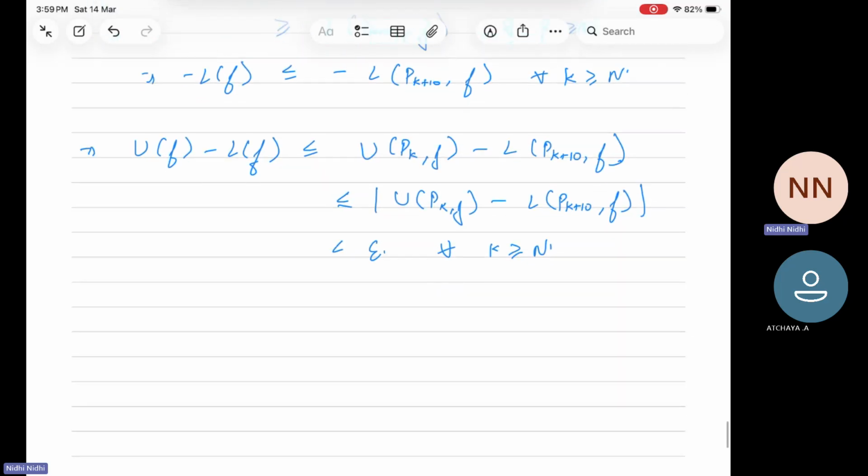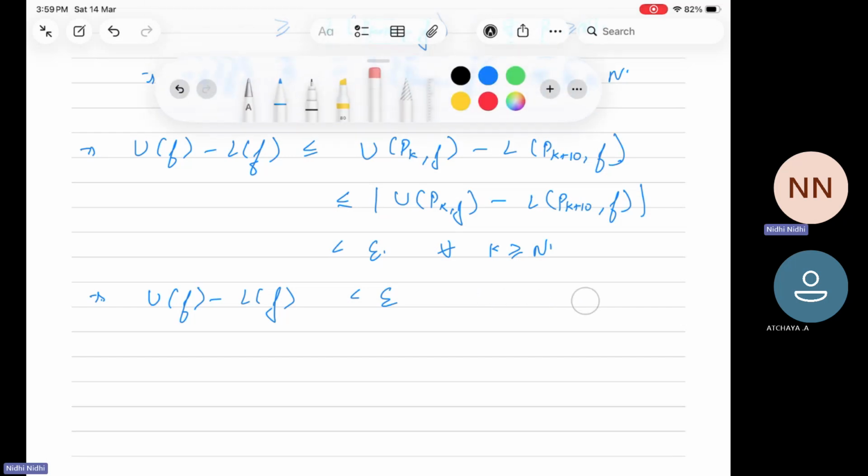Since the positive epsilon is arbitrary, we can take epsilon tending to 0. The left-hand side is independent of epsilon, but the right-hand side has epsilon. So taking epsilon tending to 0, we get, in fact, it is independent of k as well, so we do not need it.